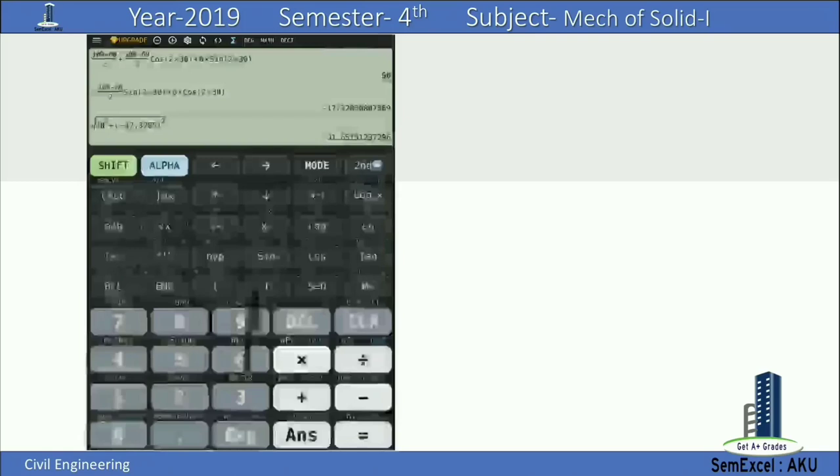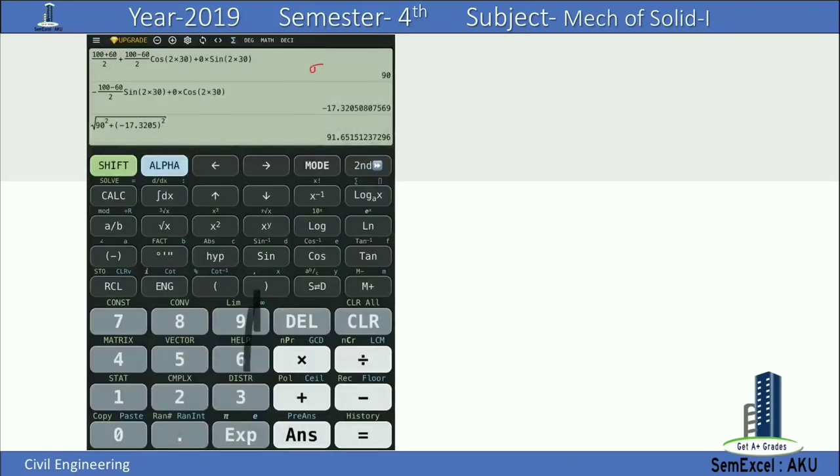This is sigma x dash equal to 90 for the first case. This is tau xy dash, and this is the sigma r dash. And what is the value of alpha here? Alpha will be equal to tan inverse of tau xy, minus 17, divided by this sigma x dash, 90. This is alpha a, because this is 3a.